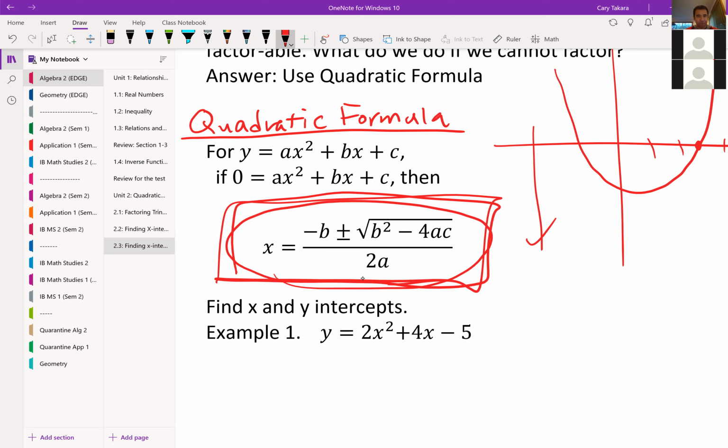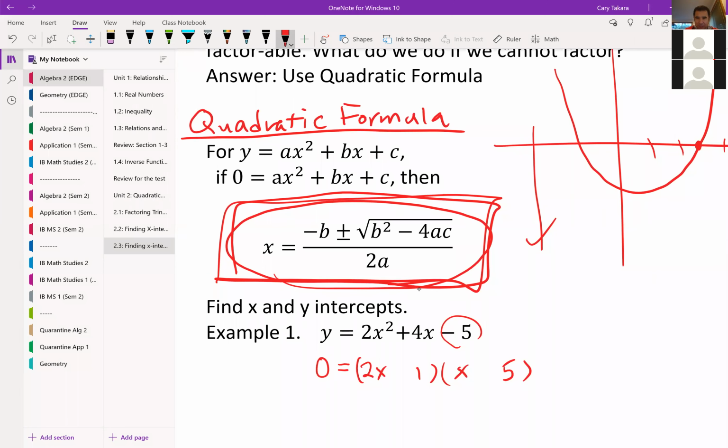Okay, so let's just jump right into example number 1 and see how to do that. Okay, now if you try to factor this, actually, can we try to factor this? Now, if you try to factor this, why don't you guys watch? You don't need to write this part, okay? I'm just going to try to factor it. I can't remember if this one is factorable. And it's -5, so it's got to be 1 and 5.